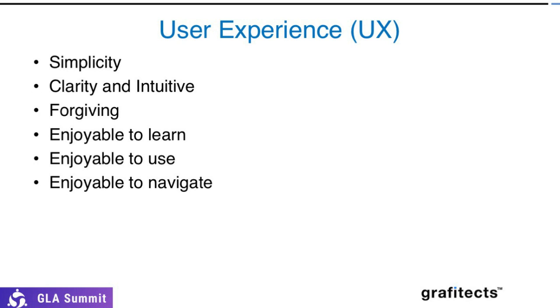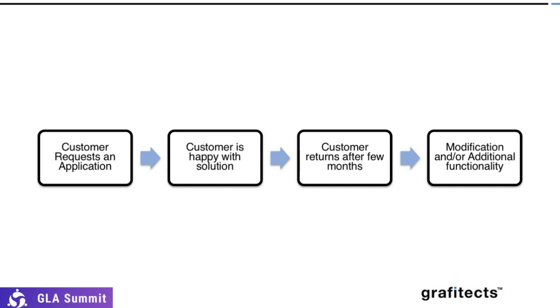So let's look into the real world scenario now. We'll go deeper into what DX is, but let's say a customer comes to you and asks you to develop an application. You develop the application first of all, and then deliver it to the customer. The customer is very happy.